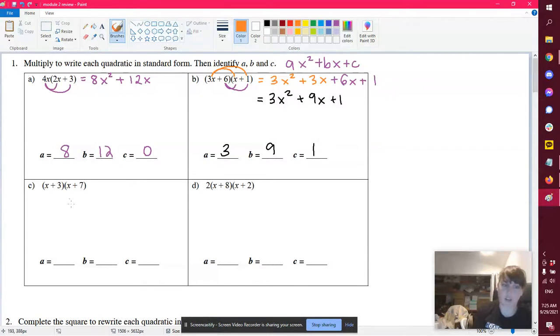We can do this again in a slightly different way. If you prefer, you can do box multiplication. The way box multiplication works is you draw your box. Then on the outside of your box, you put these factors. This one's x plus 3.